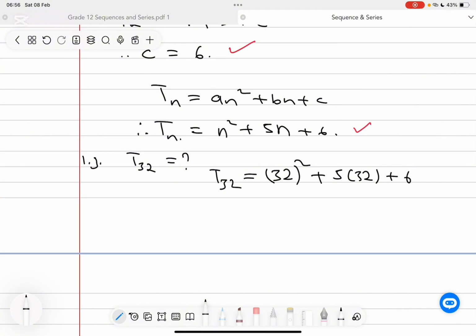Now this from here becomes very boring, because you don't even need to crack your head. You can quickly just go to the calculator and find the answer.